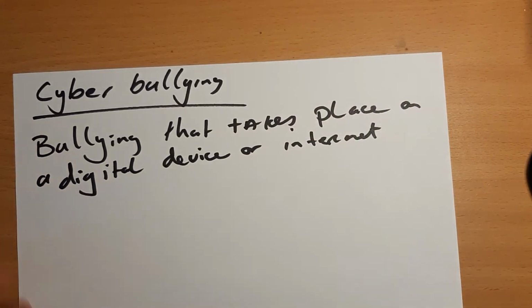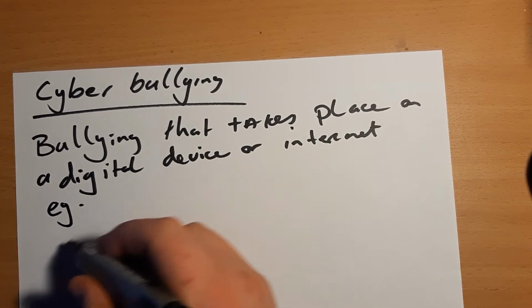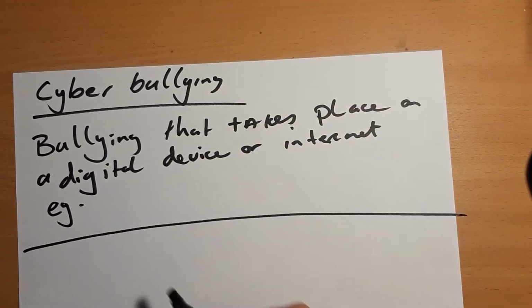You're going to do well to access the internet unless through a digital device. And then give an example, so you could say name calling on Snapchat or something like that.